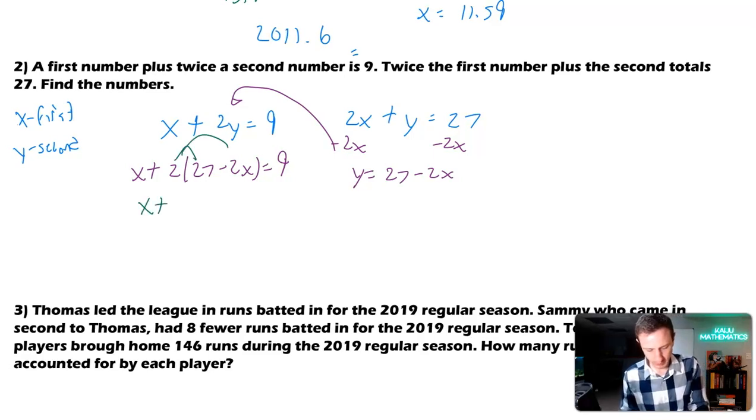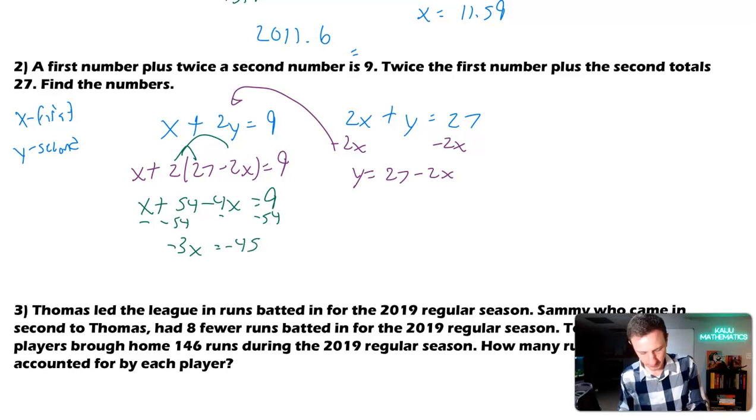Let's go ahead and solve this. I'm going to be pretty quick about the solving in this video, since this video is supposed to be just a focus on setting up these systems and making sure we know how to set them up and solve them from there. So we have 1 minus 4 is negative 3x, and then I'm going to subtract over the 54. So I have negative 45, divide by negative 3, x equals positive 15.